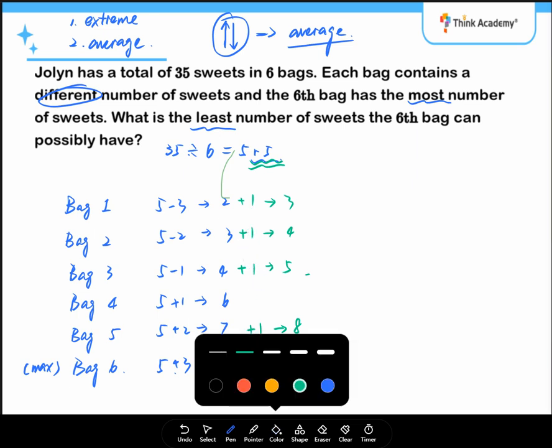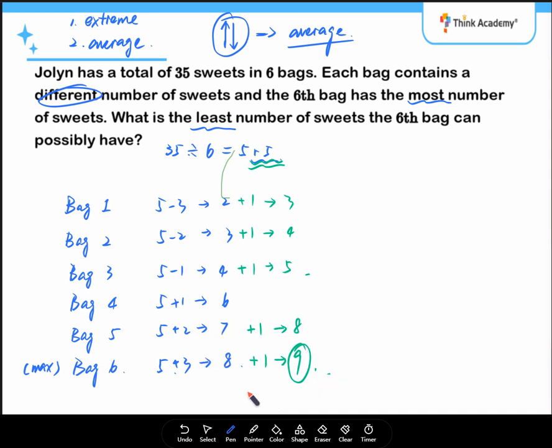But of course we have another method, starting from method 2. Let's take a look. For method 2, as long as it's different numbers, we start with 1, 2, 3, 4, 5, 6. That's the base number.